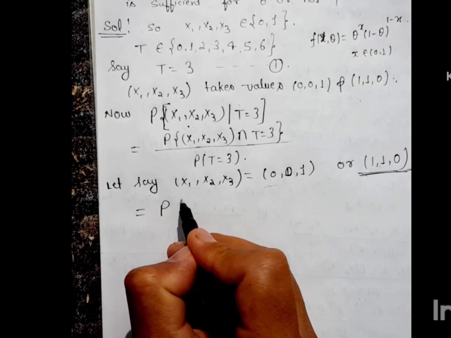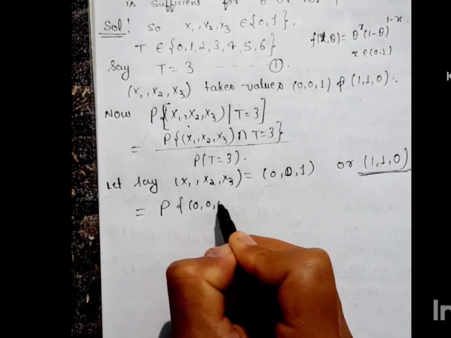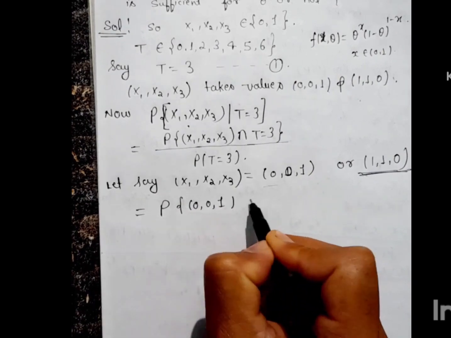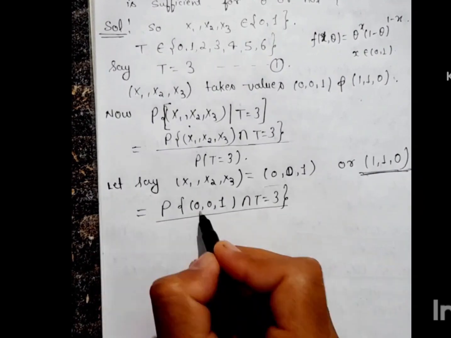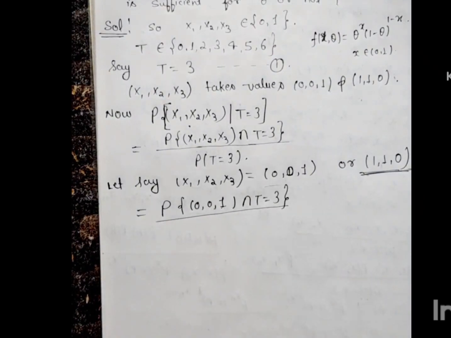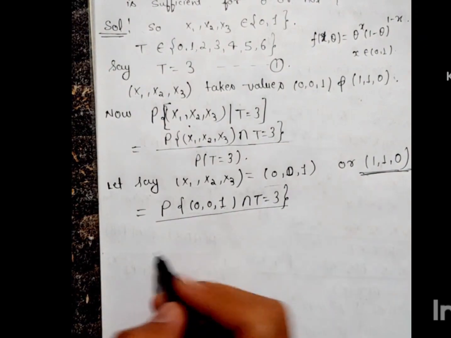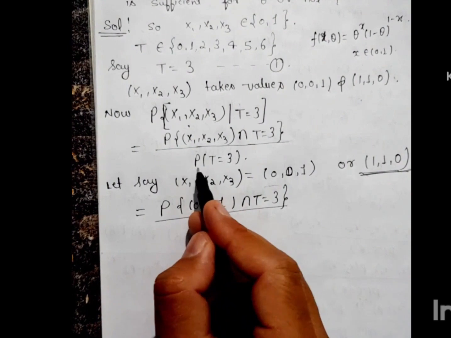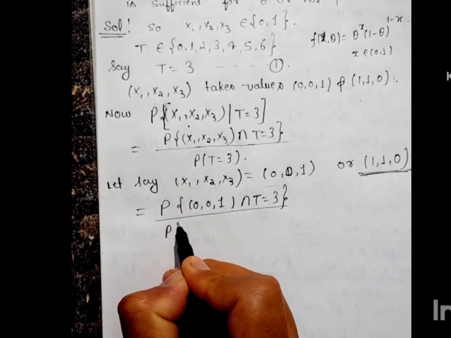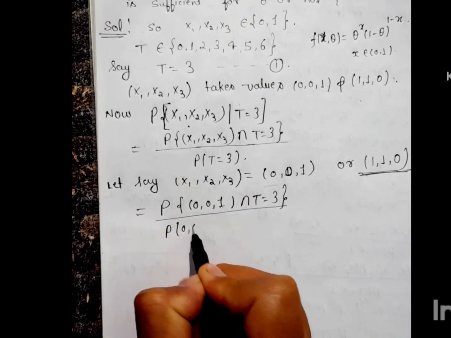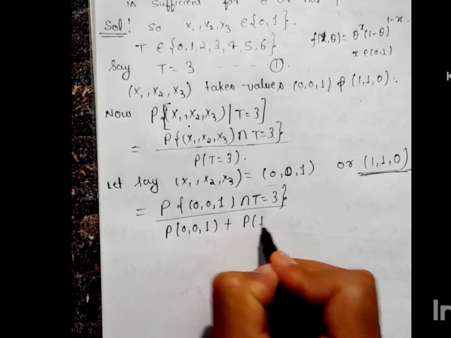So the probability of X1 takes value 0, and again, since the values taken by X1, X2 and X3 are a subset of the statistic T, when T takes value 3, X1 is 0, X2 is 0 and X3 is 1.